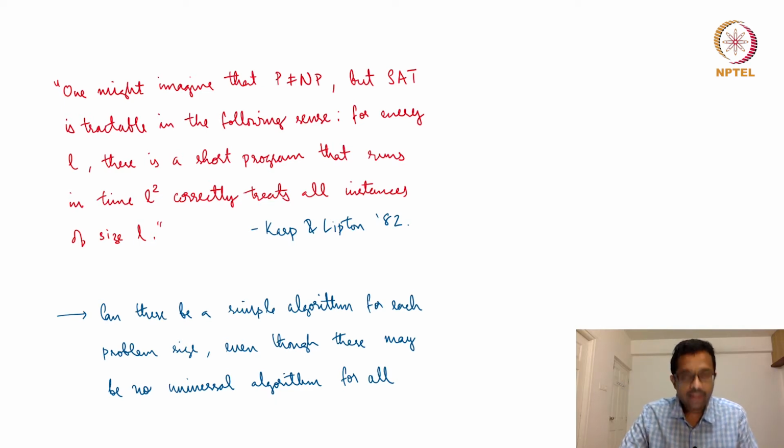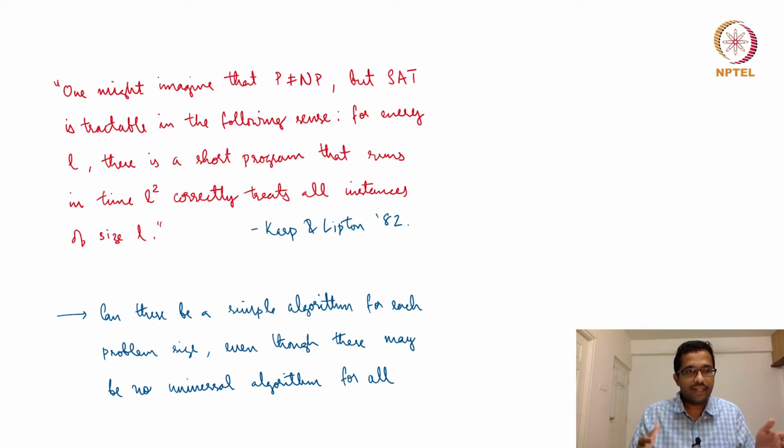Meaning, it could be the case that SAT is not solvable in polynomial time, but given all the instances of a certain size, let's say for a fixed size formula, maybe there is a way to solve it. And this way may not be a general approach.